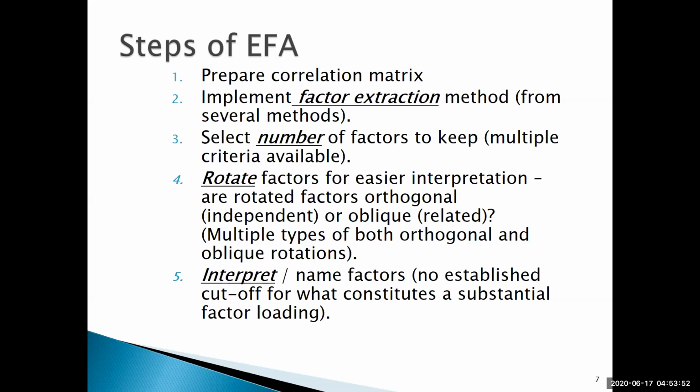Select the number of factors to keep, because by default, exploratory factor analysis can extract as many factors as there are variables, but if you do that, you are not simplifying your data. So typically you keep fewer factors than the number of variables. The most common, most cutting edge method to determine the number of factors these days is called parallel analysis.